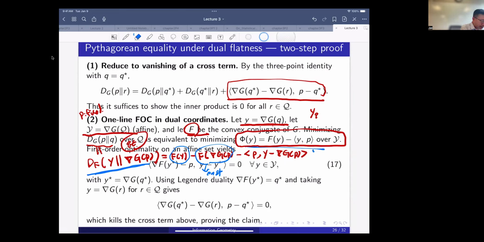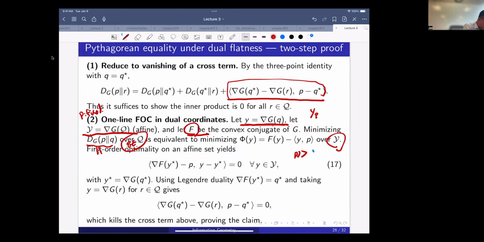Okay. So we want to minimize this guy over Y, and then we know that the solution Y star will satisfy this.